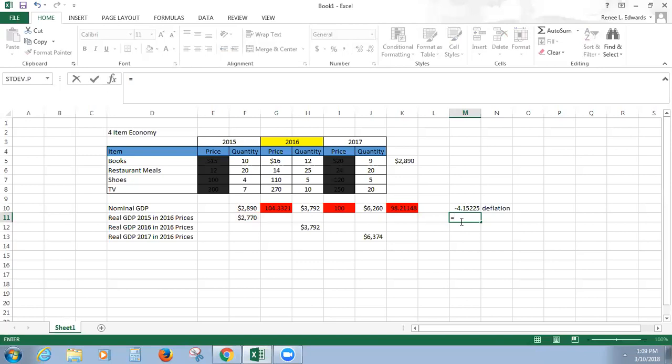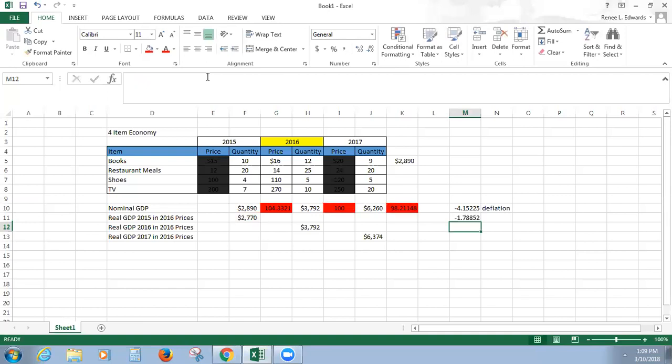Okay, so it would be the new minus old divided by old times 100. And I'm still going to put the formula in here. Divided by 100 times 100. All right, mathematically these would cancel out.